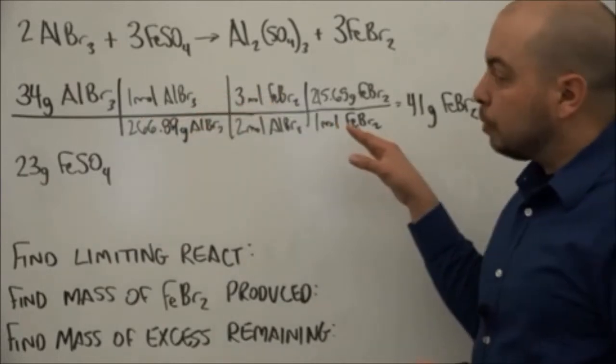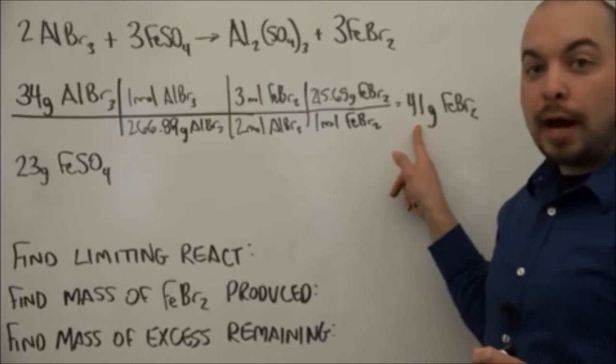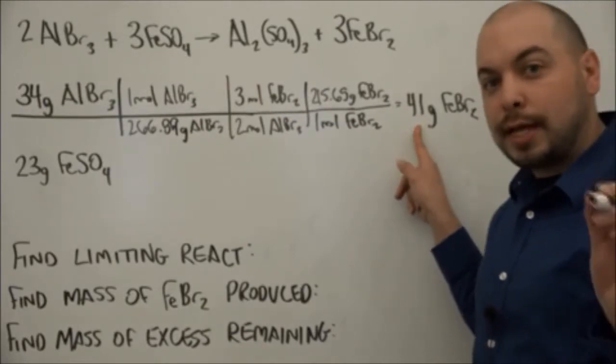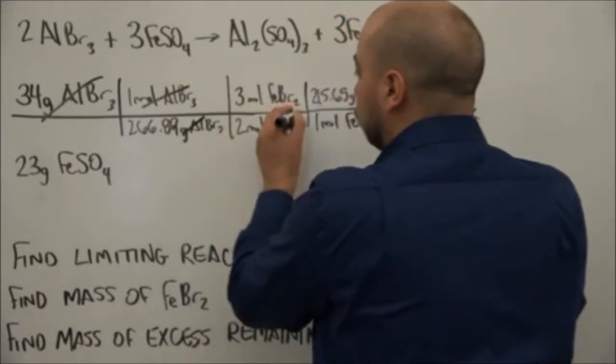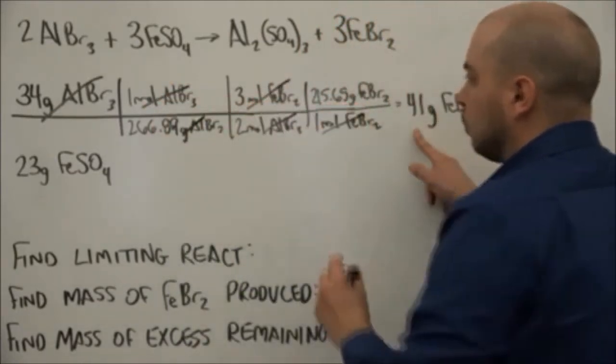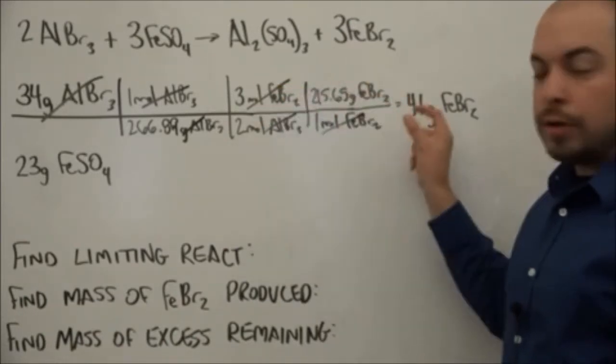With stoichiometry, we've converted from grams of aluminum bromide into grams of iron bromide. Let's make sure our units cancel first. They do.